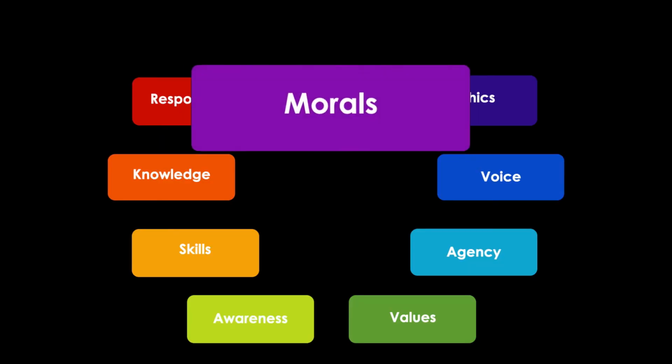Being successful in life takes more than just performing well at school. Then we have morals. One of our jobs as educators is to ensure our students develop moral characteristics and agency that will help them build relationships and understand how their actions impact both themselves and the world.